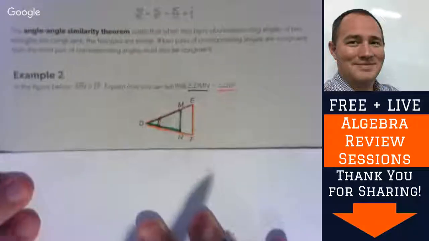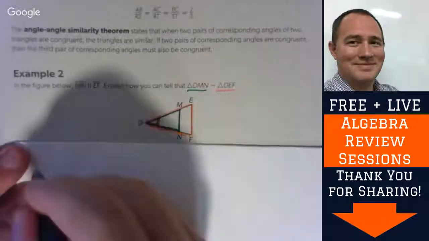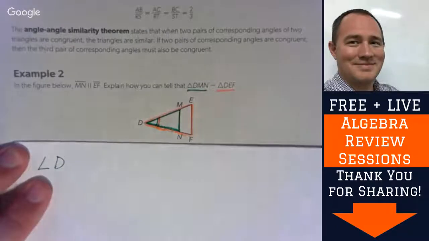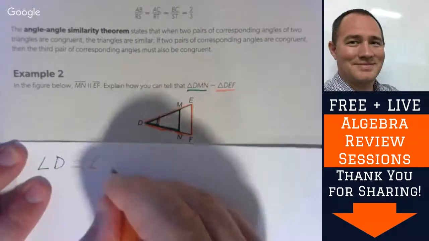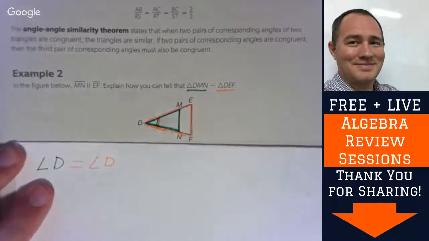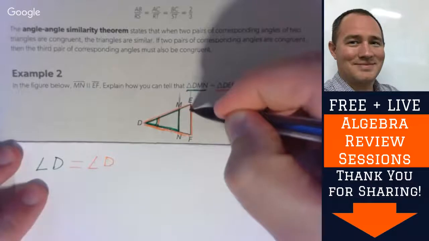So you could almost write it like this and say the green angle D is the same measure as the orange angle D. Now we just need to find at least one more set of corresponding angles that are the same measure.